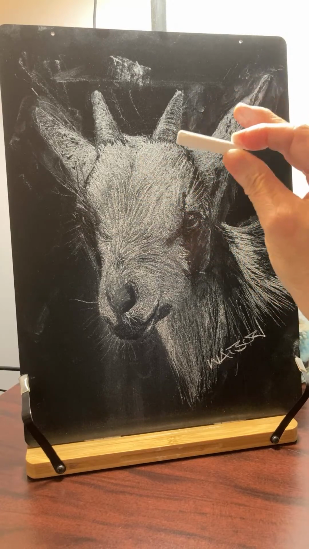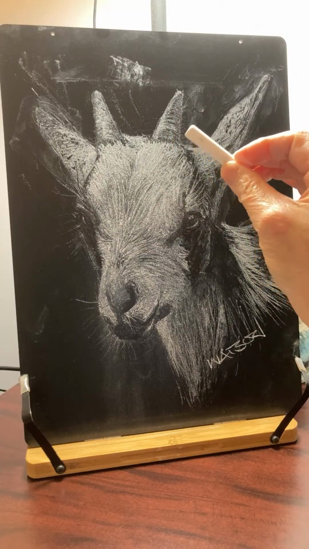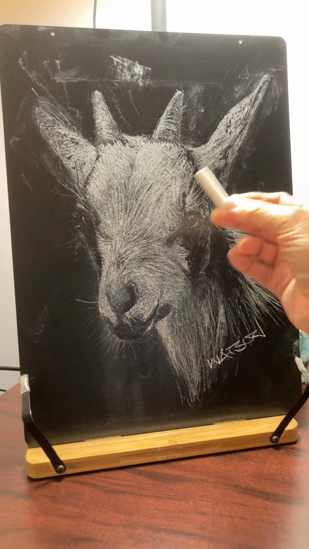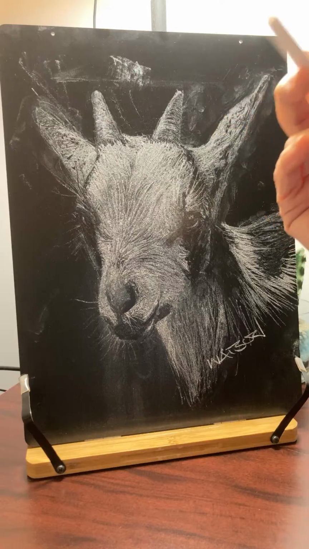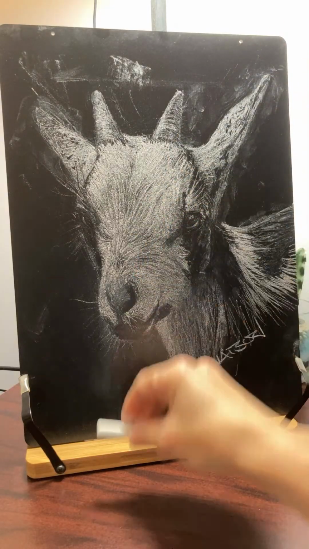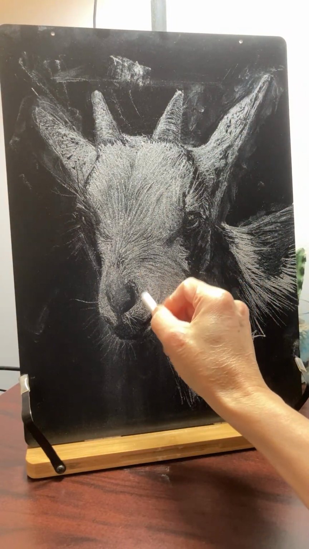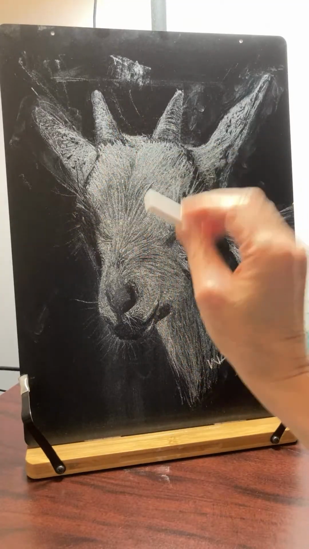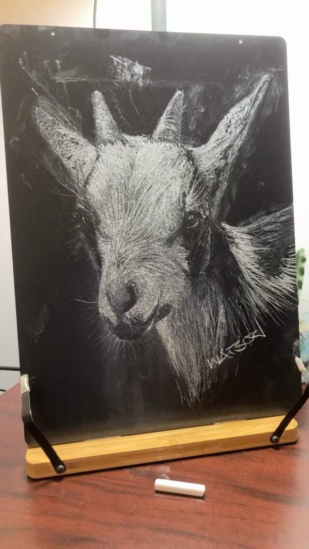But we can draw with this. We can use this to draw a beautiful animal or any realistic drawing or illustration and things like that. So that's what I'm doing on the live stream here. I'm going to show you how I use the regular chalk to draw a realistic portrait of an animal.